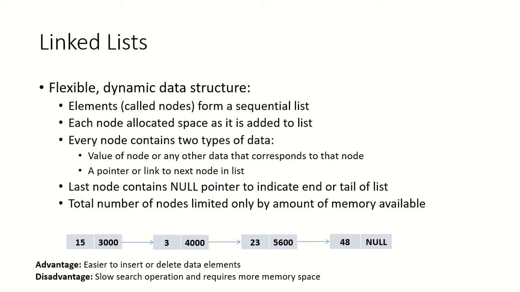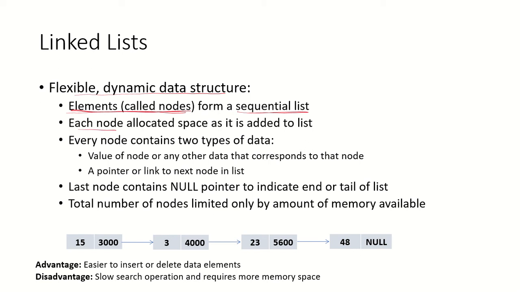Linked lists are another linear data structure. They are flexible and have a dynamic data structure. Let's see how. First of all, these linked lists consist of elements which are called nodes, and they form a sequential list. That means all these nodes come one after the other, not necessarily in contiguous memory locations.